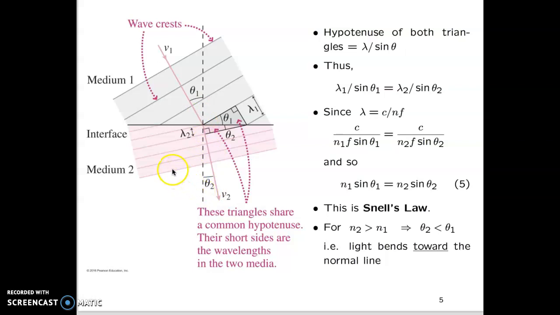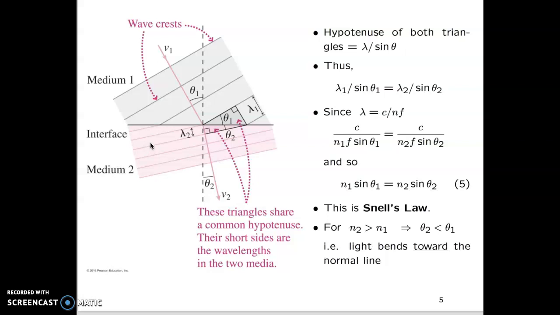What we do know is that when the wave enters the new medium, the wavelength is going to change. So we're looking at an illustration here where we go from medium 1 with a lower index of refraction, where the wave travels faster, to medium 2 with a higher index of refraction, where the wave travels slower.